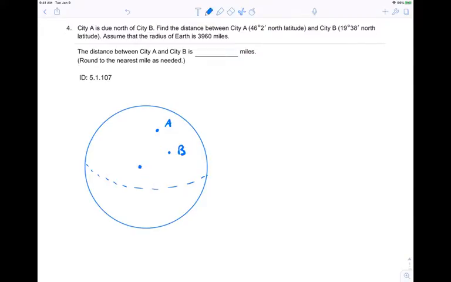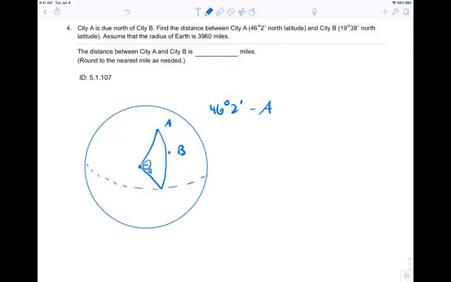If we drew a line from the center of the globe to the equator, and then another one to city A, we have an angle theta based on A. The position on the globe is given by the line of latitude, 46 degrees, 2 minutes due north. So that theta would be 46 degrees, 2 minutes for city A.